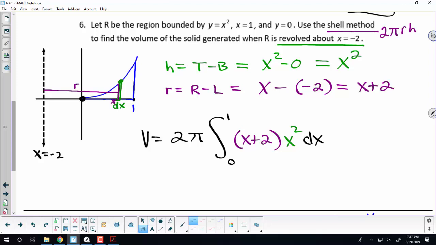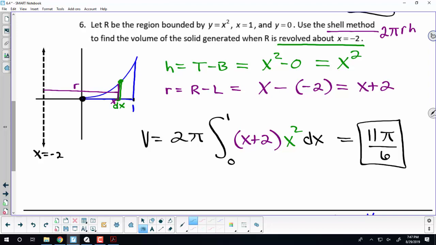That's the setup. You distribute that x squared, and you're still integrating just powers of x. If you're working these, you should come out with 11 pi over 6. Anyone have any questions on that?